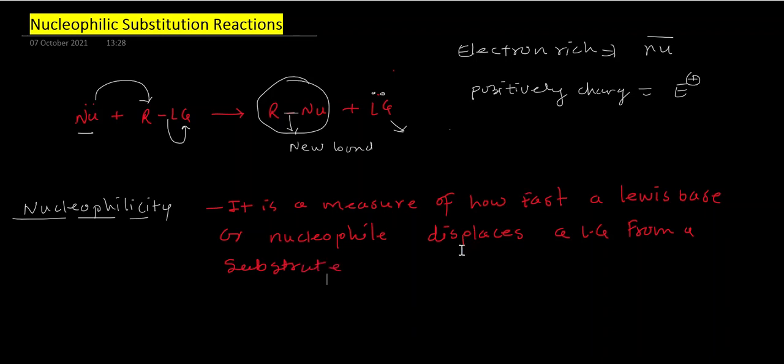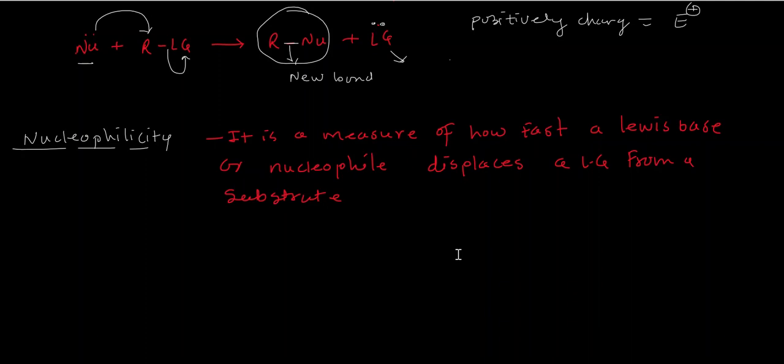Nucleophilicity is a measure of how fast a Lewis base, or nucleophile, displaces a leaving group from a substrate. Lewis base is also called a nucleophile.